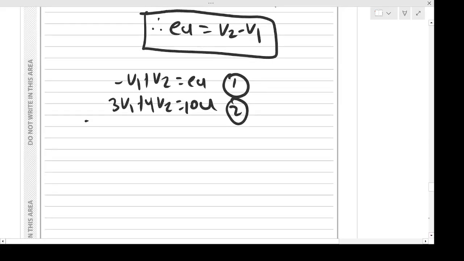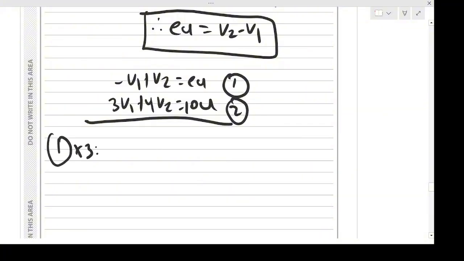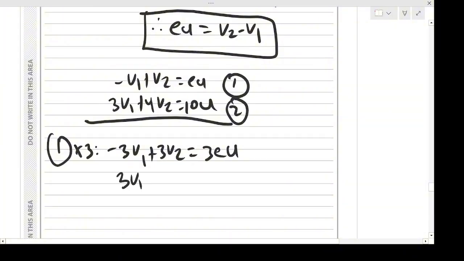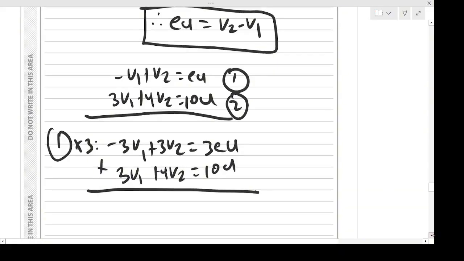The way I like to solve them, especially when it's algebraic like this, I want to try and eliminate one of them. So if I triple the first equation, I get minus 3v1 add 3v2 is 3eu. Then if I rewrite the second equation, hopefully you can spot how I can cancel out the v1s, because I can add them. The v1s will now cancel.